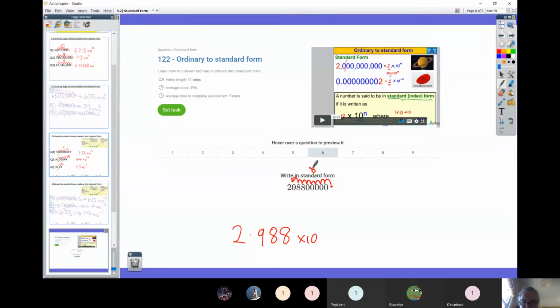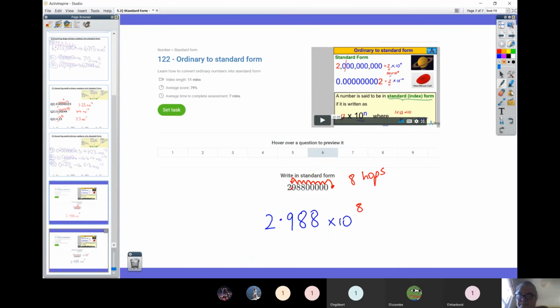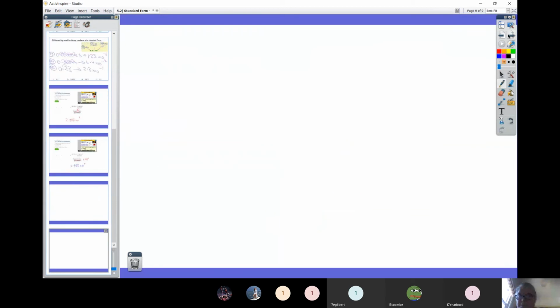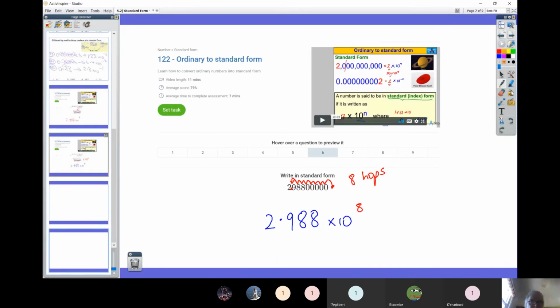That's 8 hops. It's a big number. So that's going to be 2.988 times 10 to the 8. And then also you could get some. Oh no, that's it. That was the only one I gave, I think. Yes, that was it. So you could, of course, get some that are very small numbers as well.